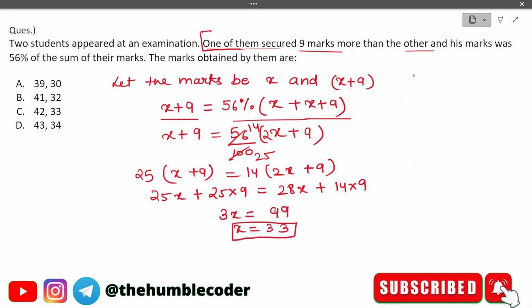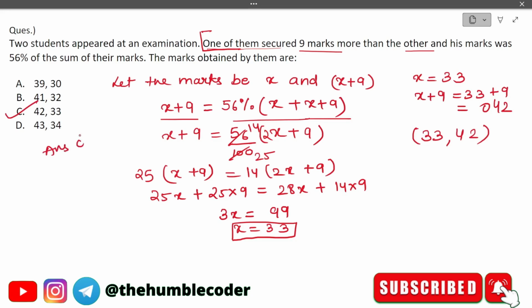If one is 33, then the other was 9 more than it, so 33 plus 9 is 42. The correct answer in this case is 33 and 42. Let's see if we have that option. Yes, option C, which is 42 and 33.